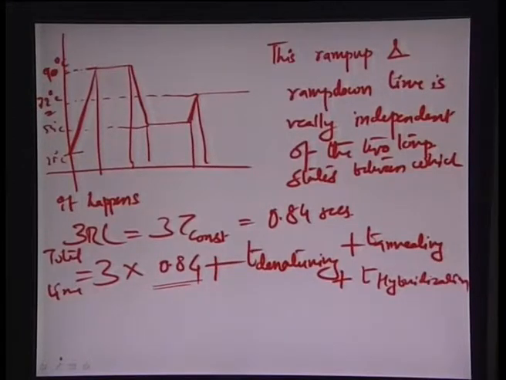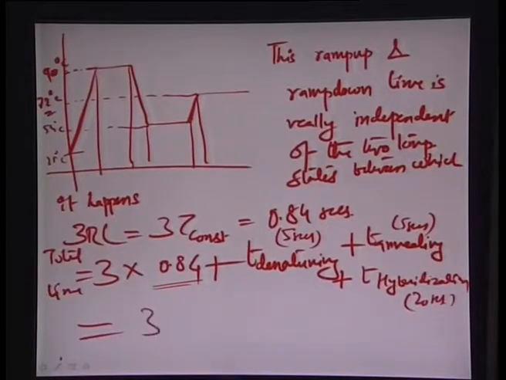We already know that the annealing and the denaturing times are each 5 seconds, as illustrated in the question itself. From the earlier example, where we calculated for a 1000 base pair DNA with an extension rate of about 50 base pairs per second, we found the total time of hybridization is about 20 seconds. So this is 20 seconds, and therefore the total time that one cycle would need is about 32 seconds in this case.